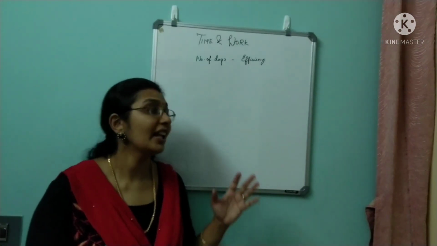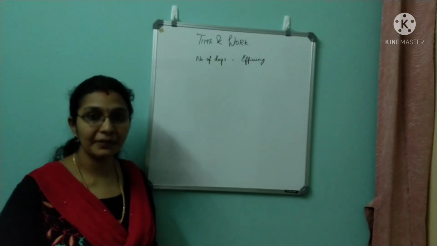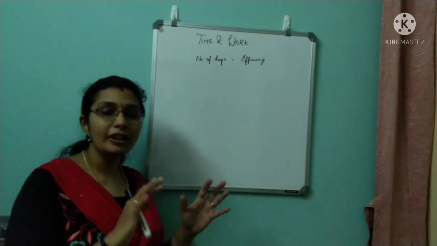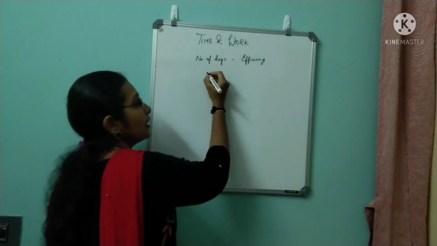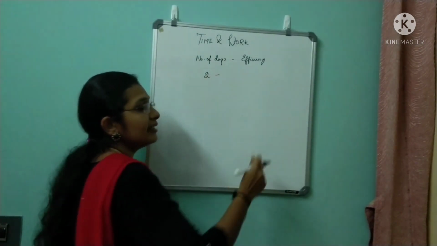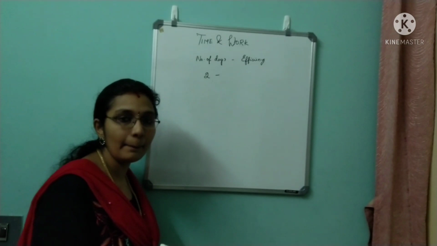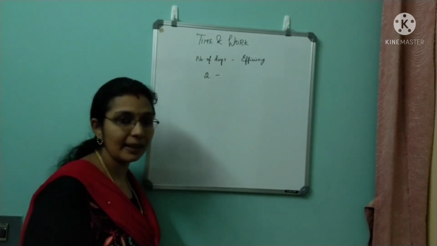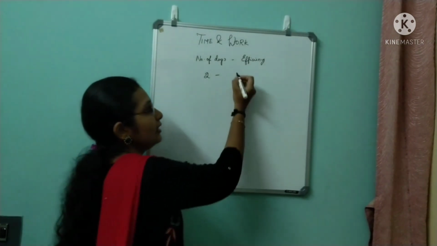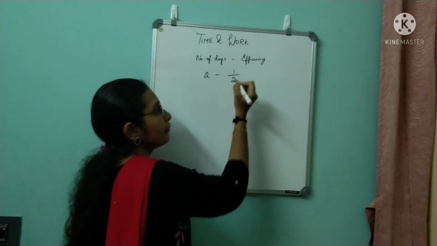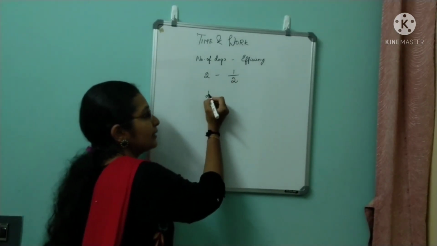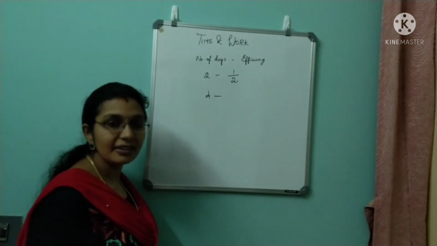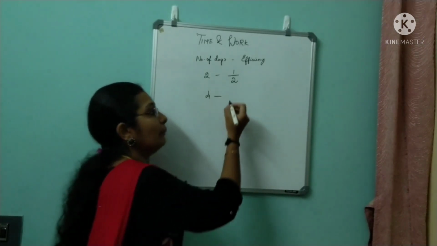Now we'll understand the relationship between number of days and efficiency. You have a work to be done. If I take 2 days to complete the work, today I will complete half the work and tomorrow half the work, so efficiency per day is 1 by 2. Suppose you complete a work in 4 days, your efficiency per day is 1 by 4.